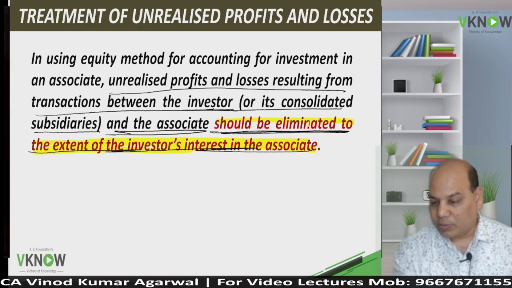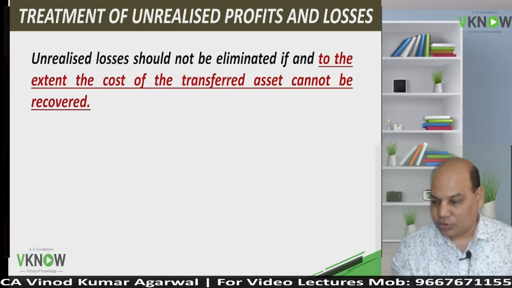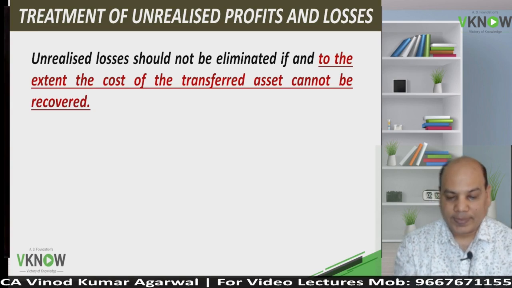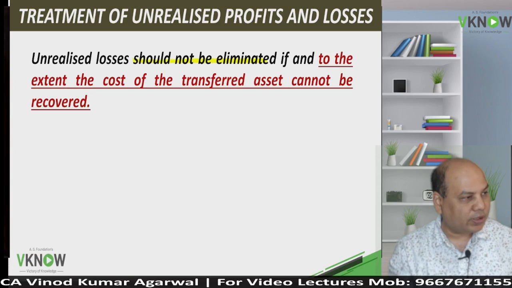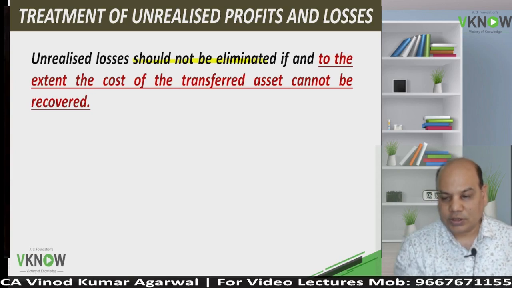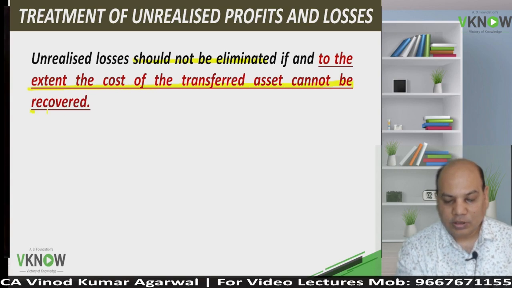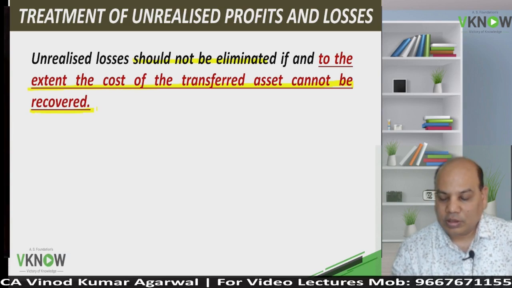The profit will be eliminated to the extent of investor's interest in the associate. What about unrealized losses? Unrealized losses should not be eliminated if and to the extent the cost of transferred asset cannot be recovered.